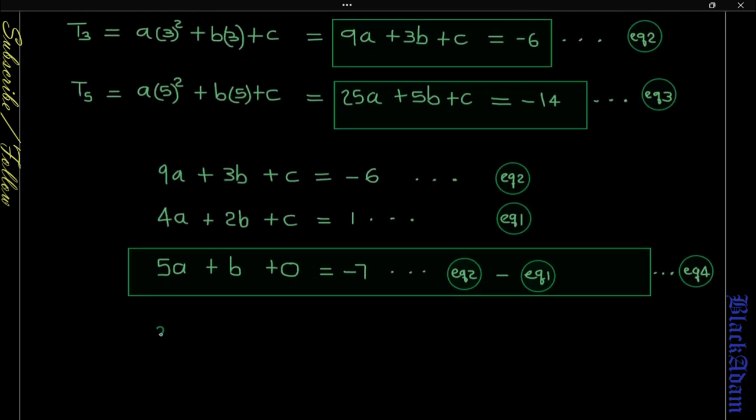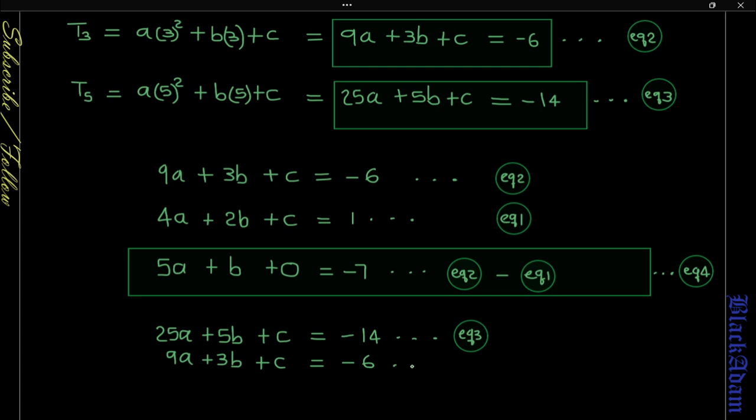And then we also have another one: 25a plus 5b plus c is equal to -14, that's equation 3. And then we have equation 2, which is 9a plus 3b plus c is equal to -6.